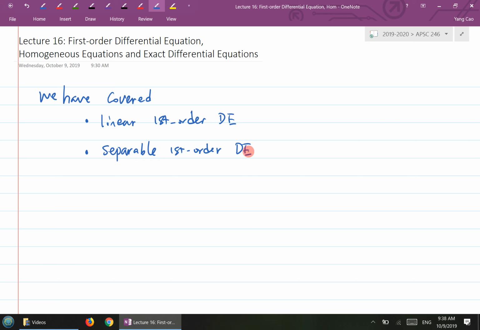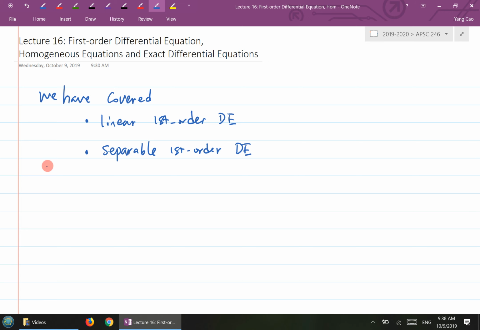For each type, you use a different approach to solve the differential equation. Sometimes the same first order differential equation can actually be solved using either technique. It could belong to both linear and separable at the same time.